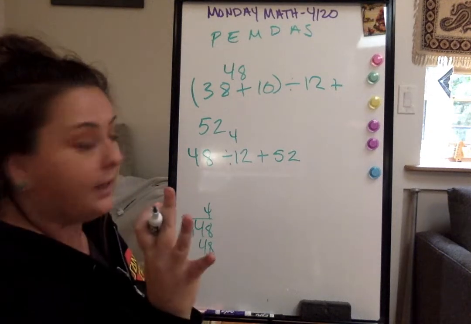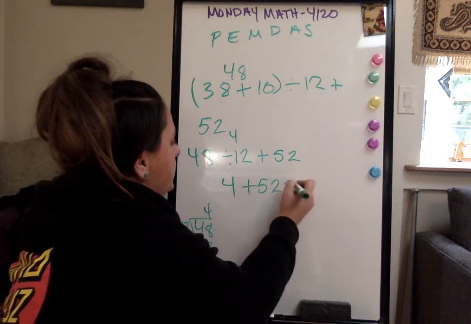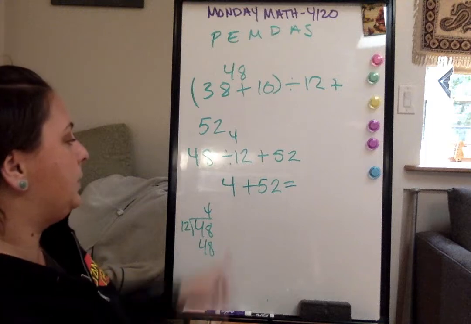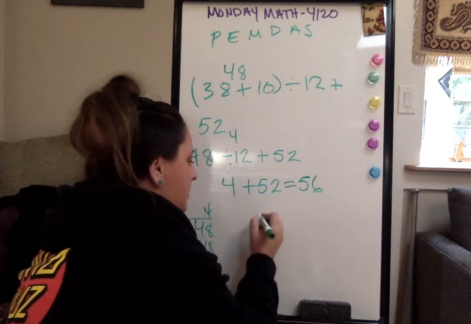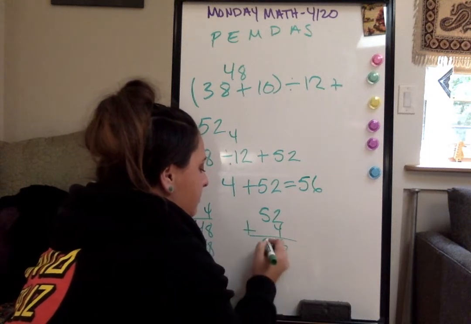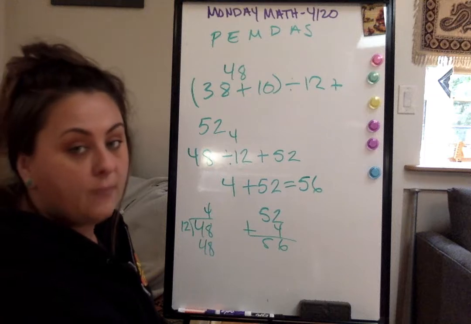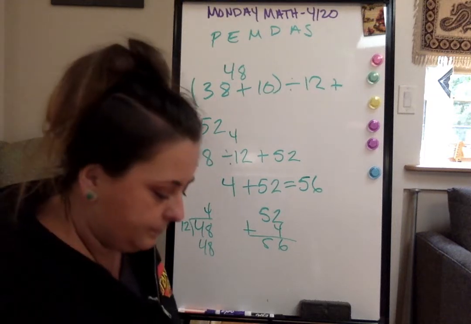Then if you rewrite it, you just have 4 plus 52, which is going to give you a grand total. 4 plus 2 is 6, so 56. You can also write this out. If you need to write it like this, that's fine too. However you see it, however it works. Okay? Good.